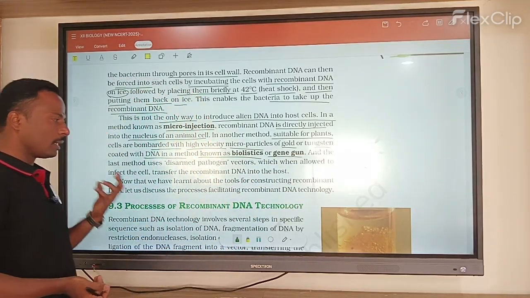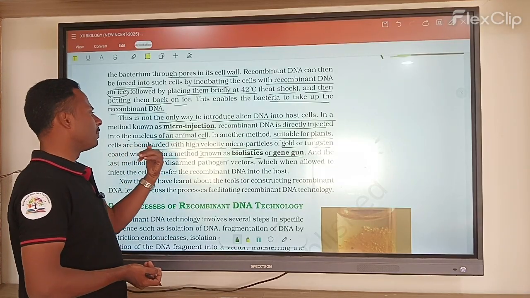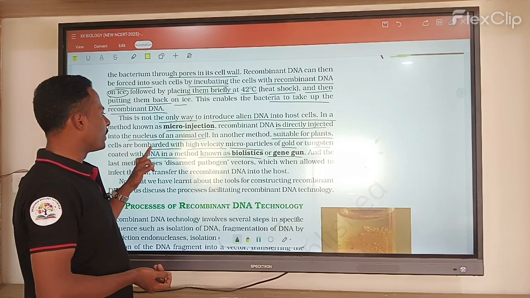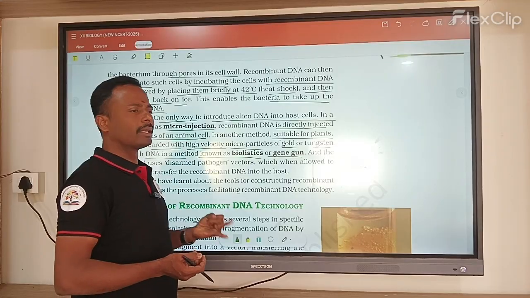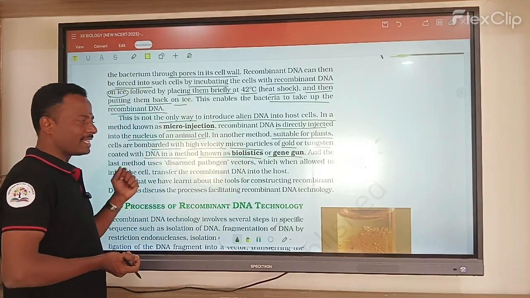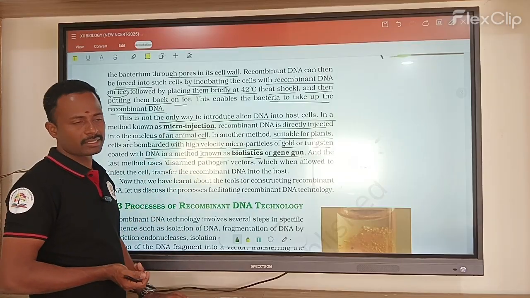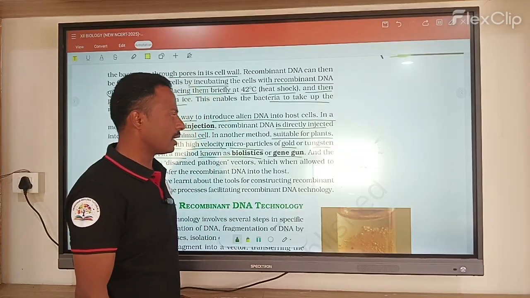Using high velocity particles, the DNA is directly introduced into plant cells.